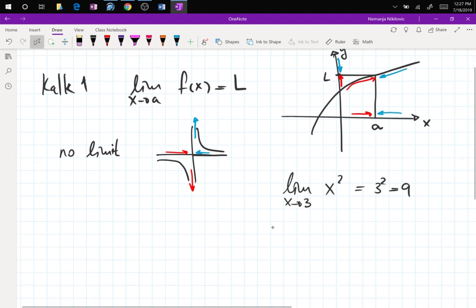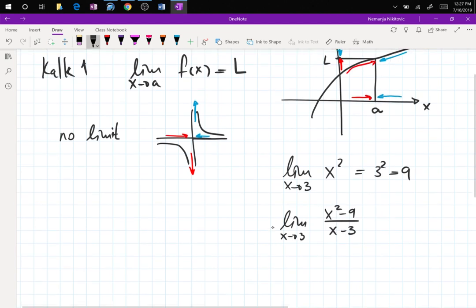So that's the cheapest you can have. But in some problems, you might have the limit as x goes to 3 of x squared minus 9 divided by x minus 3. Now in this case, if you plug in 3, you get 0 in the denominator. And that's an issue.